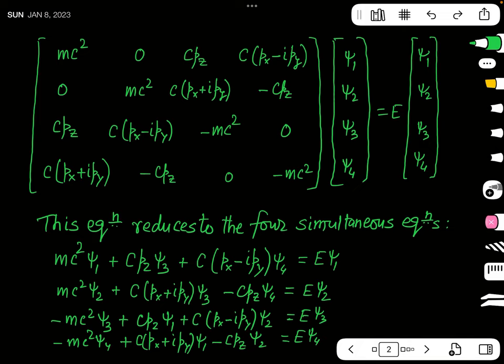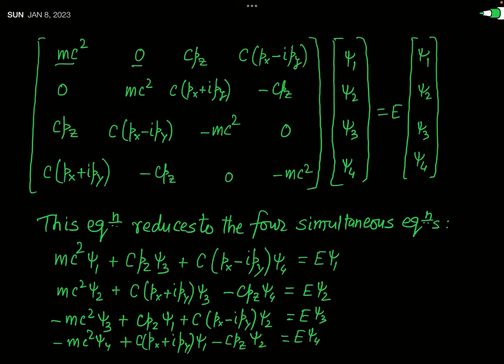You can see this matrix will be in this form: mc square, 0, cpz, cpx minus ipy. This is just a 4x4 matrix. Next row: 0, mc square, cpx plus ipy, minus cpz.